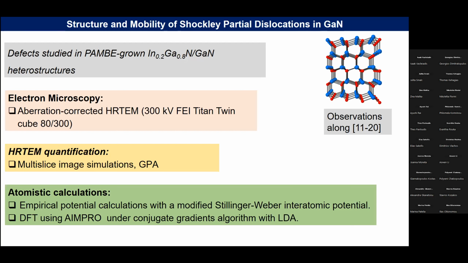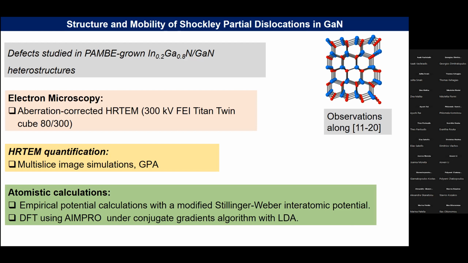So, in this work, the defects were studied in plasma molecular beam epitaxy grown InGaN heterostructure. The electron microscope observations were performed in Poland in the lab of Julita Smalc-Koziorowska using an aberration-corrected high-resolution TEM microscope.